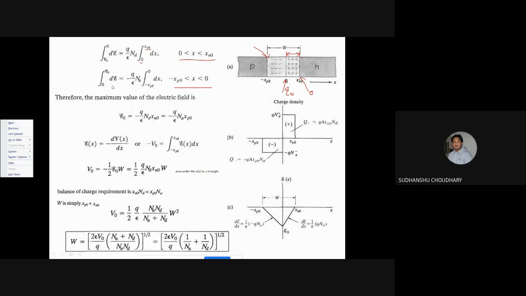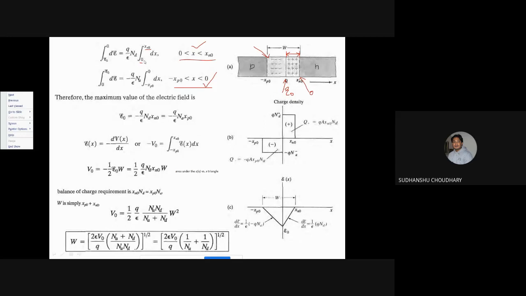So if I integrate this, it will simply be -E_0 = (q/ε_nd) x_n0, and for the other, E_0 = -(q/ε_na) x_p0.